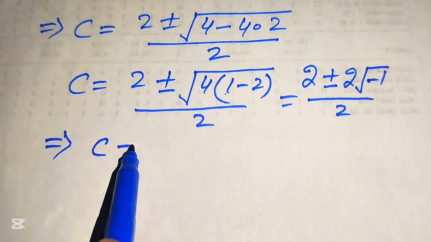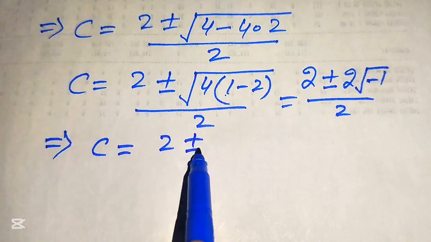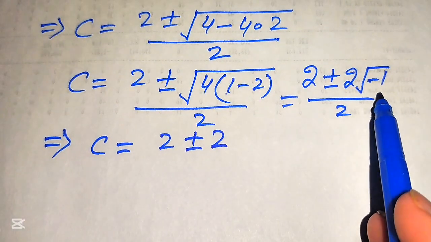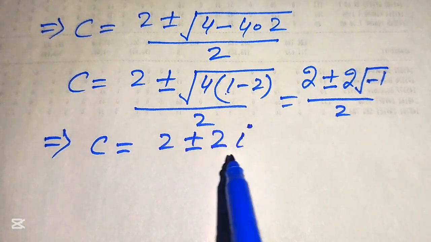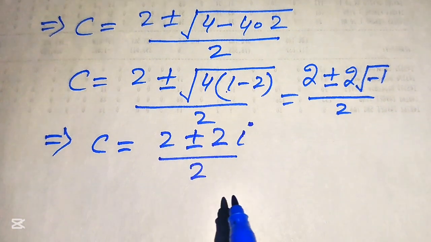And now in the next step we have c equals 2 plus minus 2 times, here we know that the square root of -1 equals iota, divided by 2.